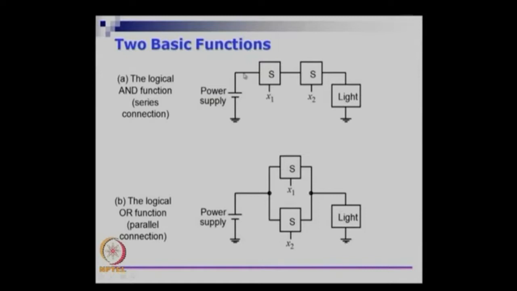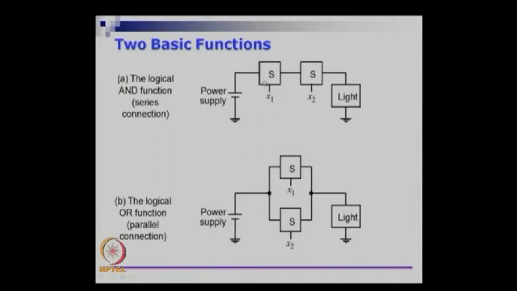So if X1 is on, then from here to here this wire is connected, and when X2 is on, from here to here it is also connected. So only when both these things are on, the light will glow. Which means X1 and X2 should both be on for the light to glow.